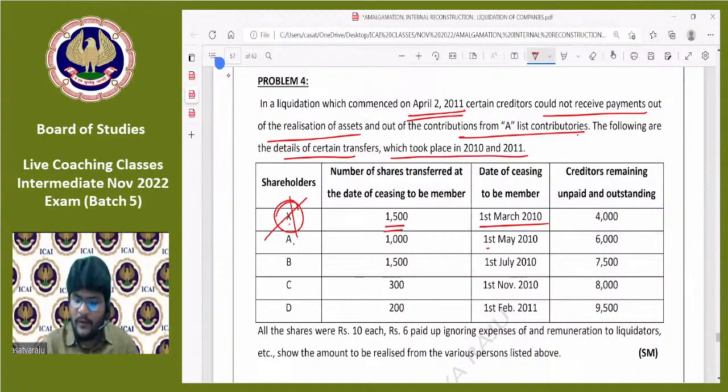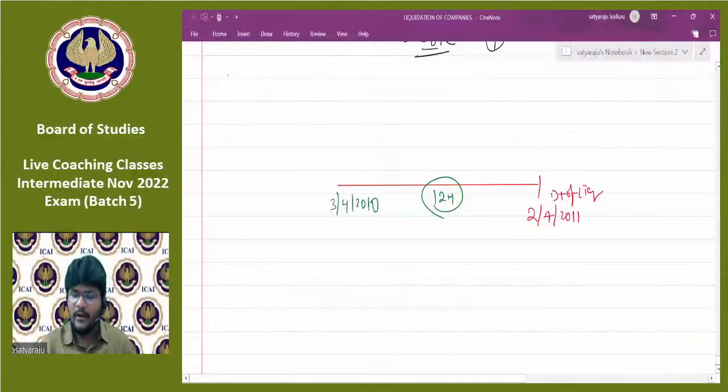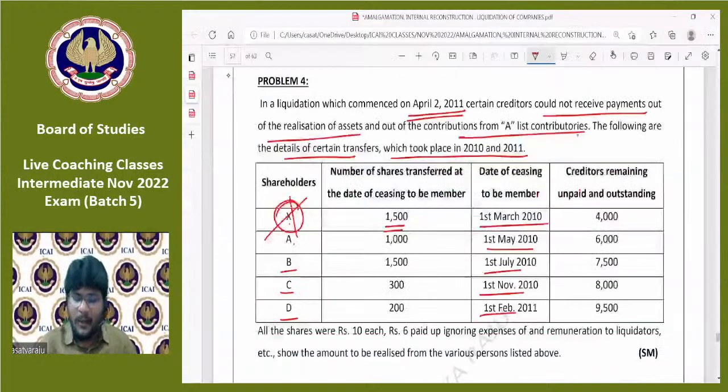A transferred as on 1st May, B transferred as on 1st July, C transferred as on 1st November, D transferred as on 1st February 2011. All these guys are list B contributories. A, B, C, D are list B contributories without having any second doubt. Okay, fine. Sir, number of shares transferred were clearly given, and creditors outstanding at that particular point of time also given.